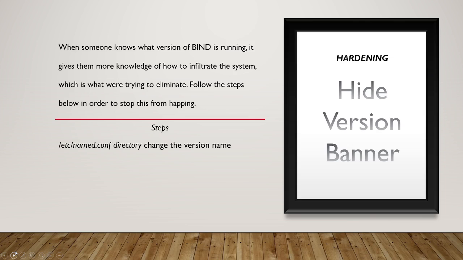So simply what we have is /etc/named.conf in the directory, and I can change the version to whatever you want to have it, but not the actual version that it's in. That way hackers won't be able to know how to get into your system. Very great way, like putting on a ski mask or something, hiding the identity. So a very simple way to harden. Great in my opinion.